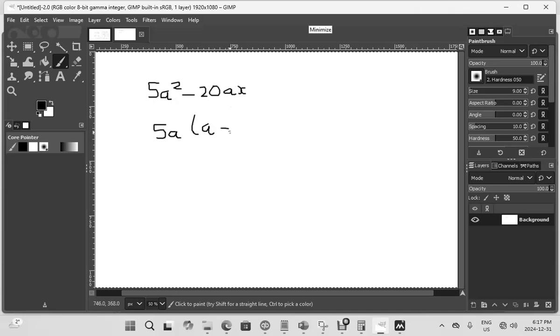Then a, minus, 5 goes into 20 four times, so 5a minus 4x. So 5a(a minus 4x) is the solution. All right, let's look at another example.